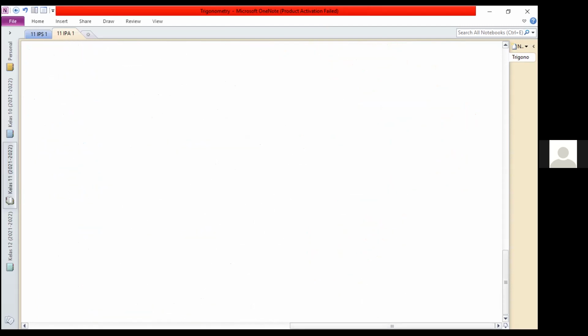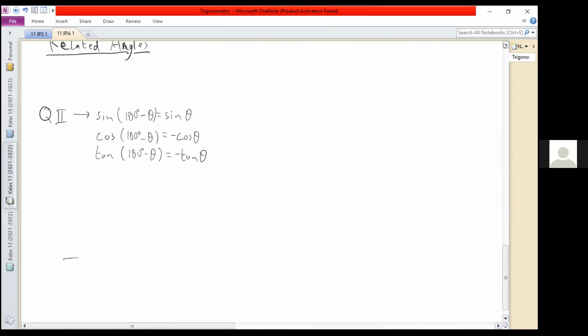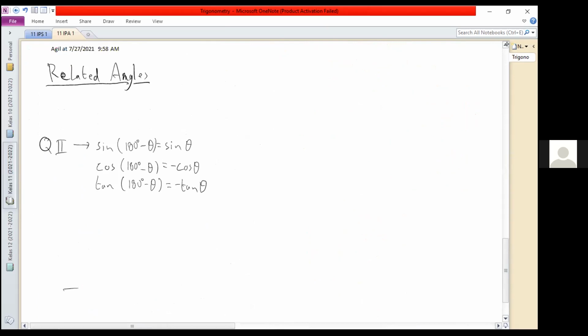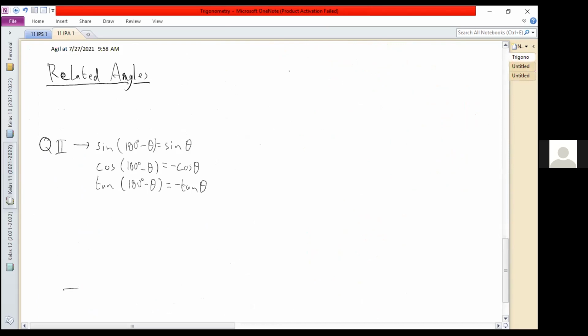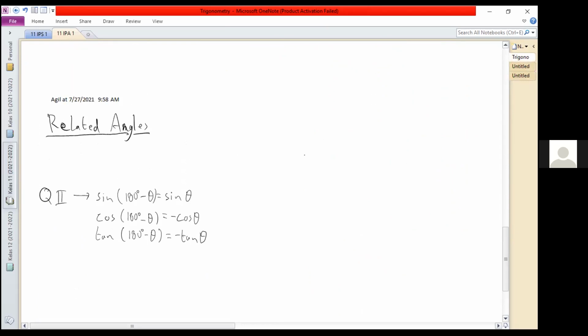We usually draw something like this diagram. So we can draw this diagram like this.